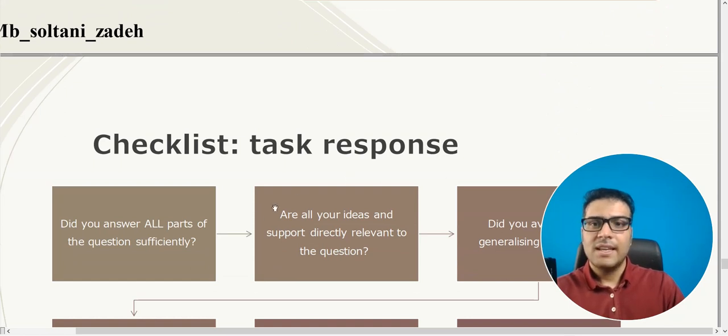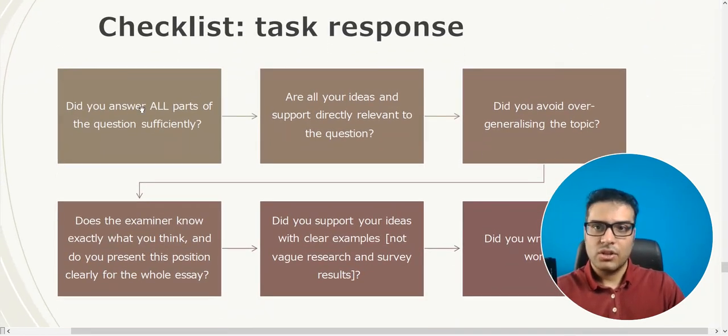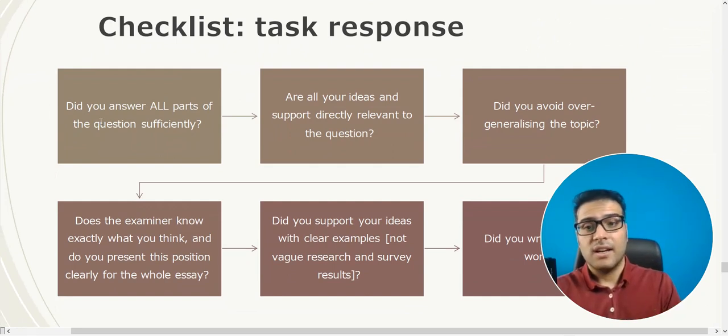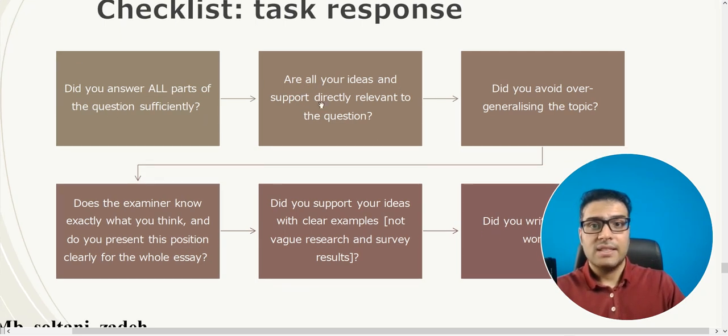And finally, we have a checklist to do. So we should answer these questions. If our answers are yes, we can be kind of sure that we are going to get a band 8. So did you answer all parts of the questions sufficiently? Are your ideas and support directly relevant to the question?